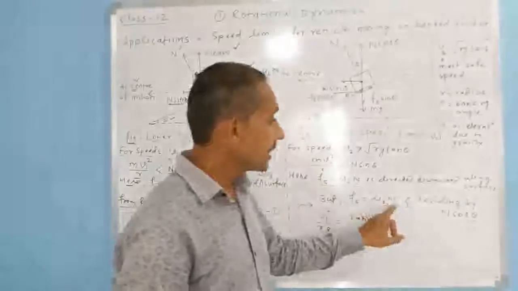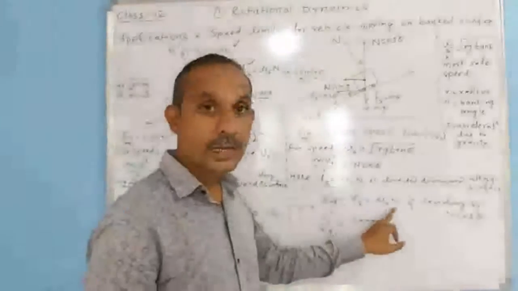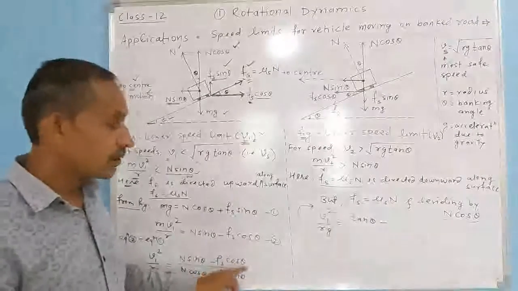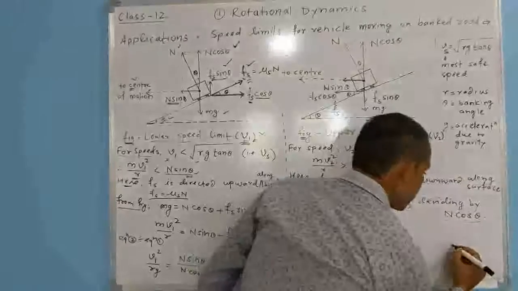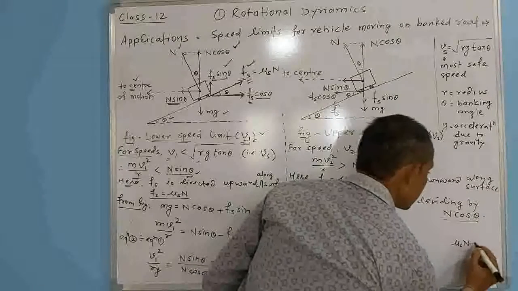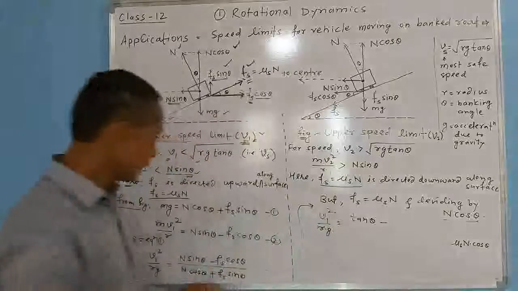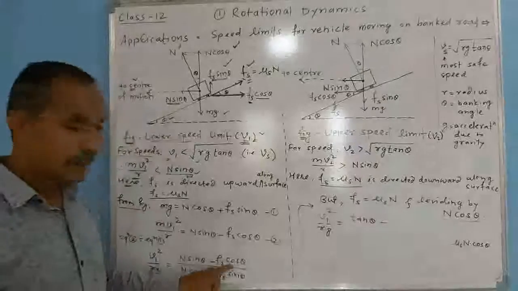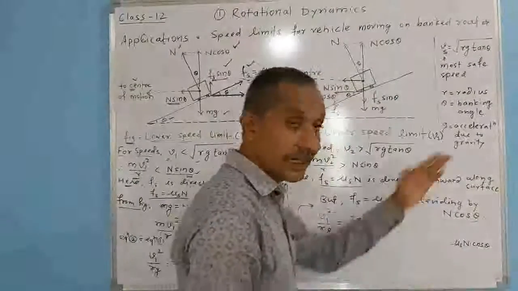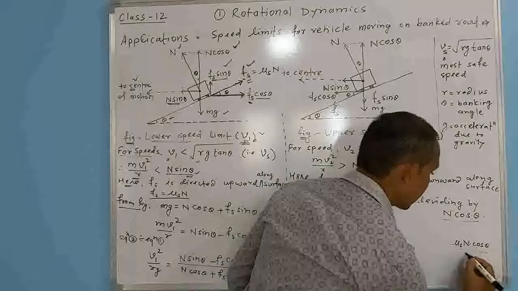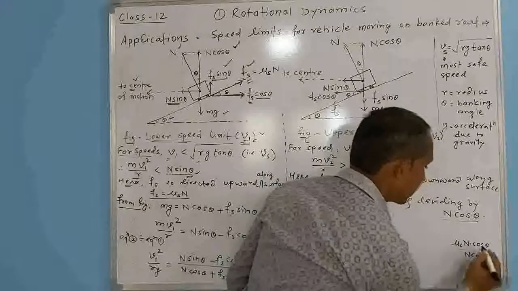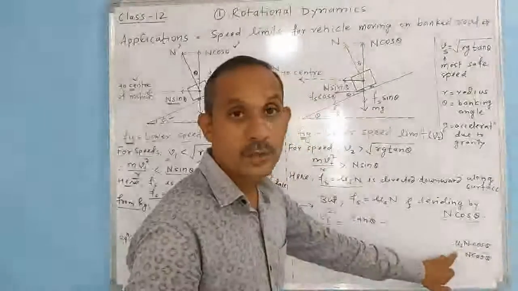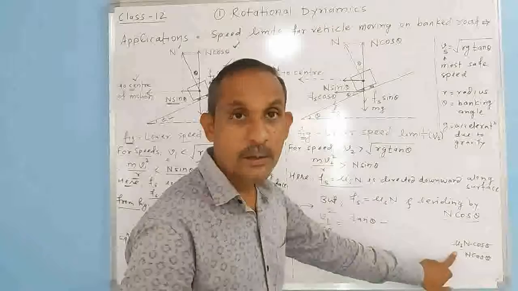Fs means mu s N multiplied by cos theta, then divided by N cos theta. Divided by N cos theta, N cos theta gets cancelled. The remaining factor is only mu s.